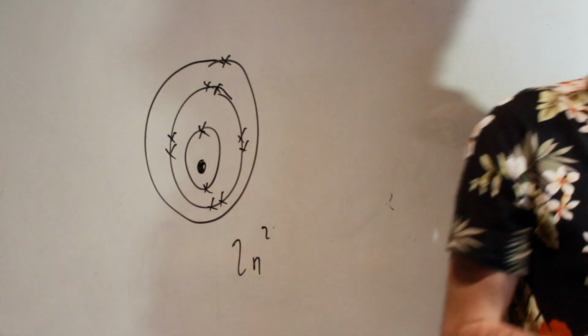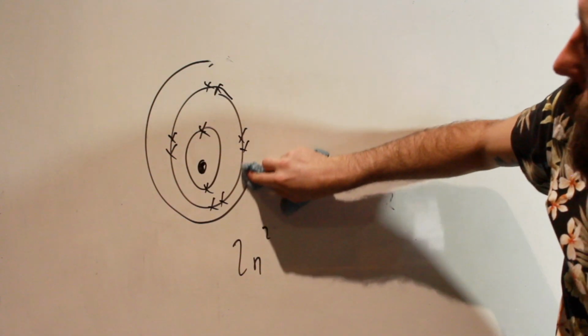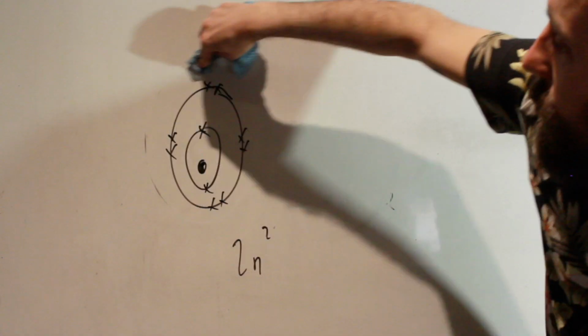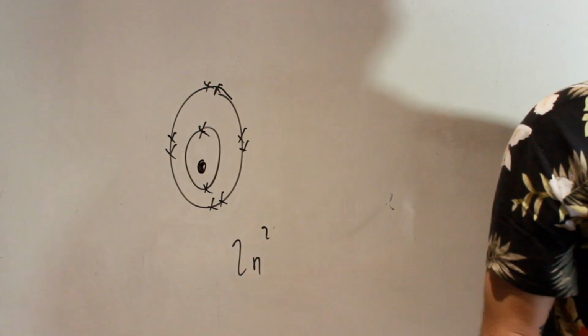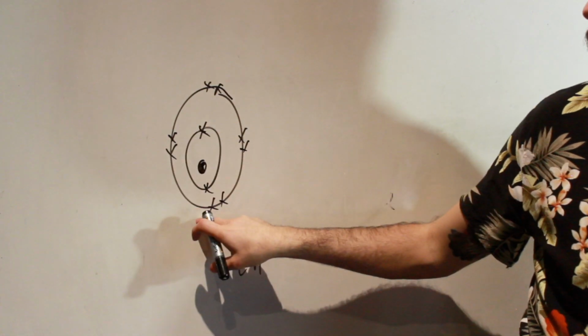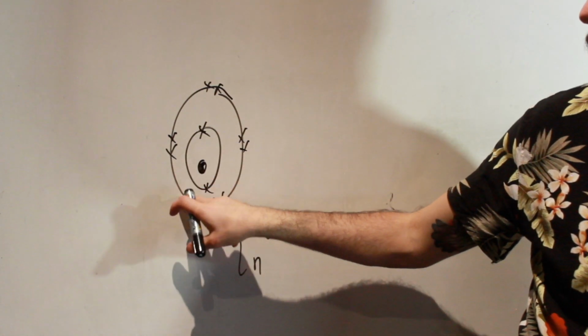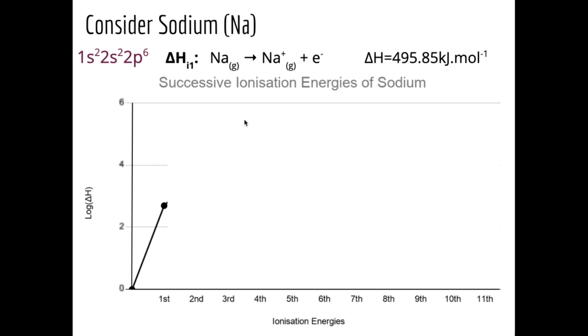On my diagram, I knock that one out and form a 1+ ion where we've got 1 extra proton, then we do the electrons. So what you might see from here is there's now no third quantum level. So we are now going to take our next electrons from the second principal quantum level. And that looks like this.